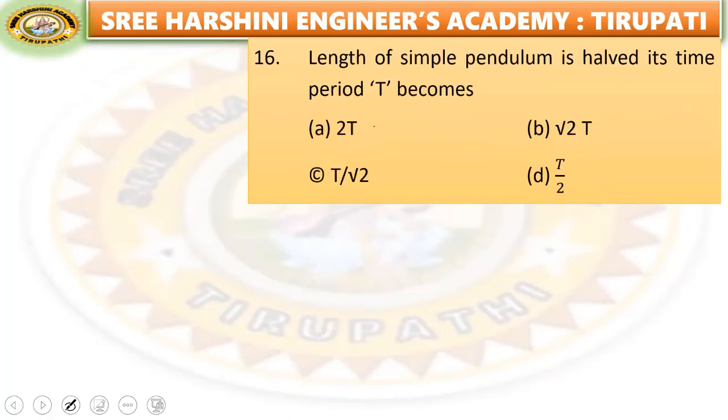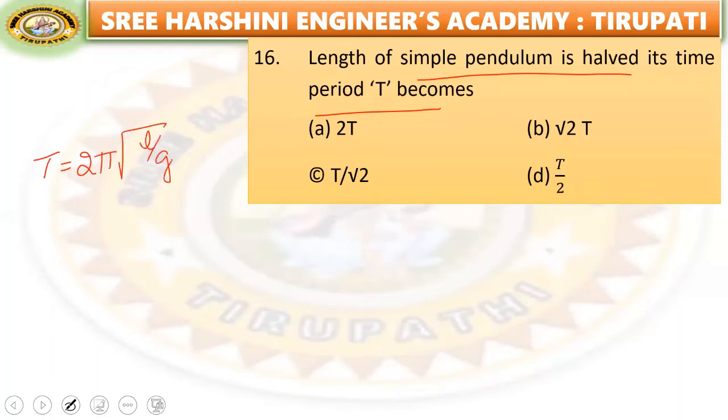Coming to the 16th question, if the length of a simple pendulum is halved, its time period is? What is the time period formula of a simple pendulum? T is equal to 2 pi root L by g. So T is directly proportional to the square root of length.